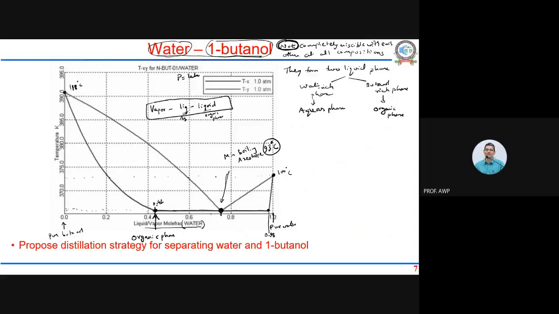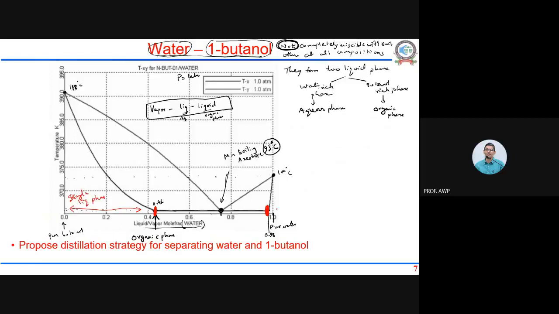Anywhere in between, if the composition is anywhere between these two extremes, it will split into two phases, aqueous phase and organic phase. If composition is anywhere here, it will be a homogeneous single liquid phase.